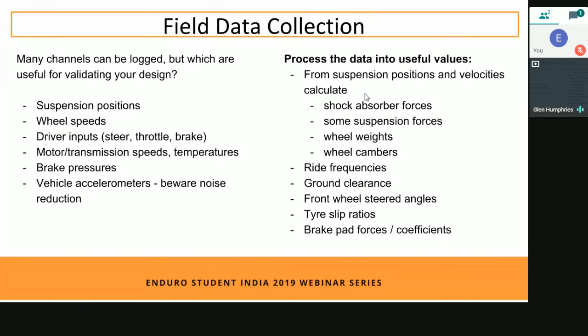And so using the data, using brake pressures, we can calculate our brake pad forces, our coefficients of friction, and using our wheel speeds, we can look at which brakes are locking up. Should we rebalance our brakes or respec our brakes, or can we validate our assumptions and estimations that were put into the brake calculations?